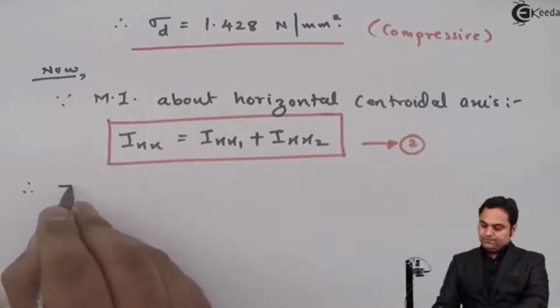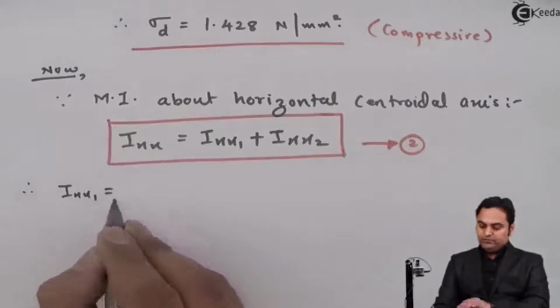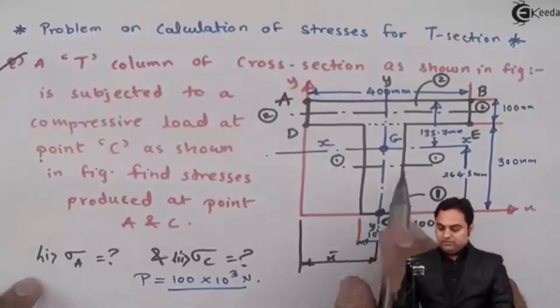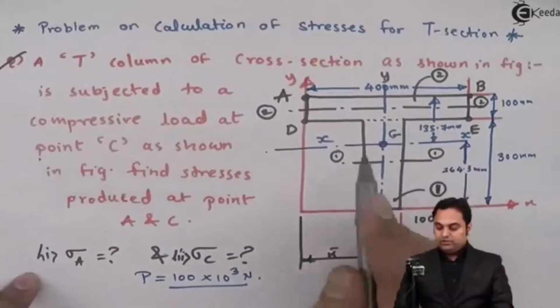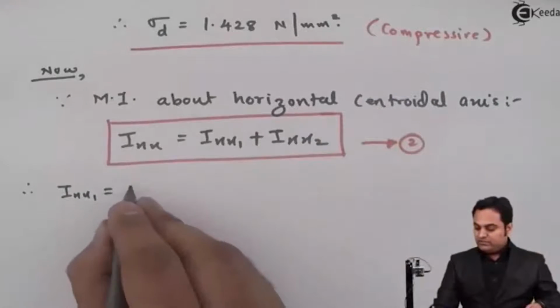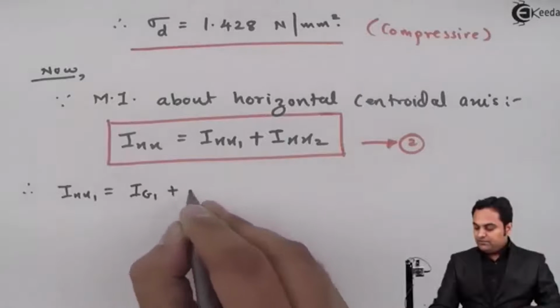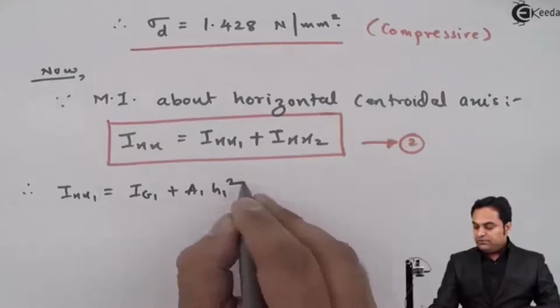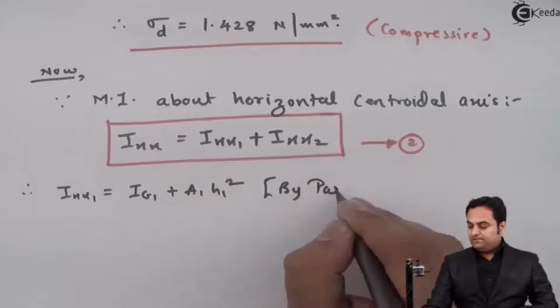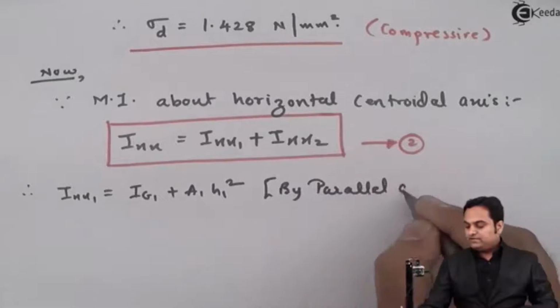So therefore Ix1 is the moment of inertia for the first rectangle, but not about its own axis, but about the centroidal axis xx. So here we have Ix1 as Ig1 plus area 1 into h1 square, and this is by parallel axis theorem.